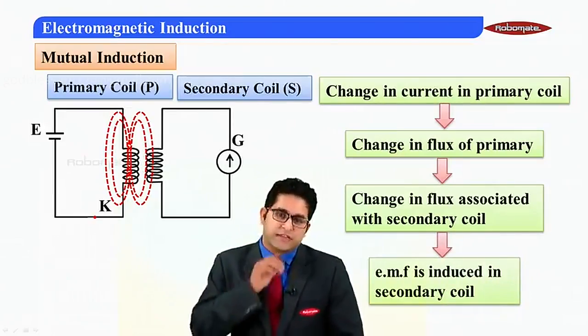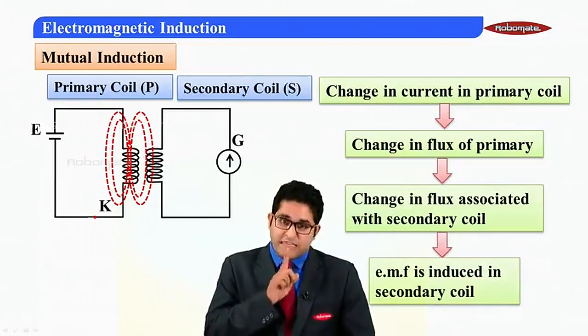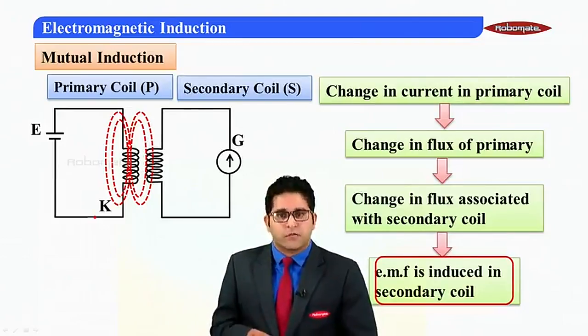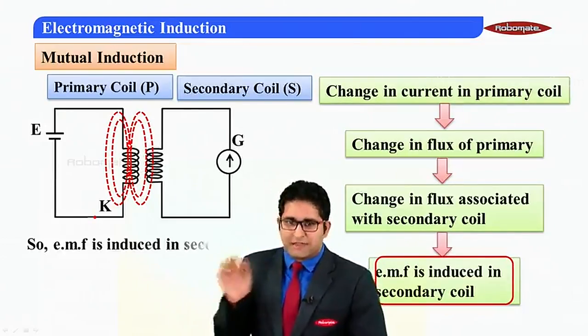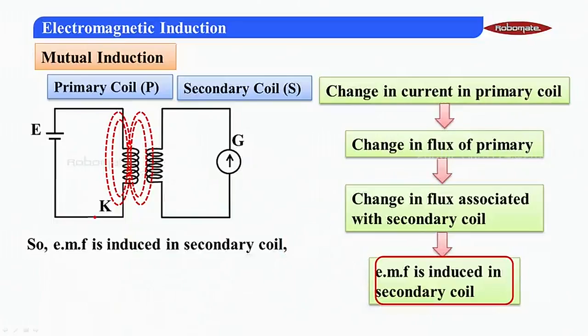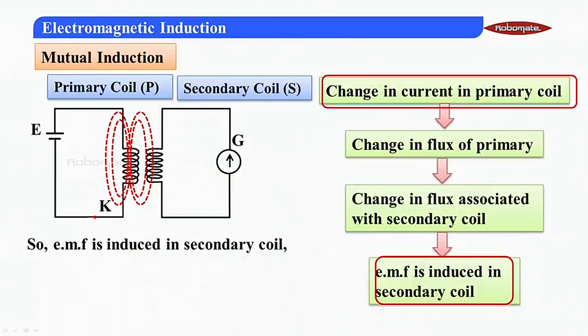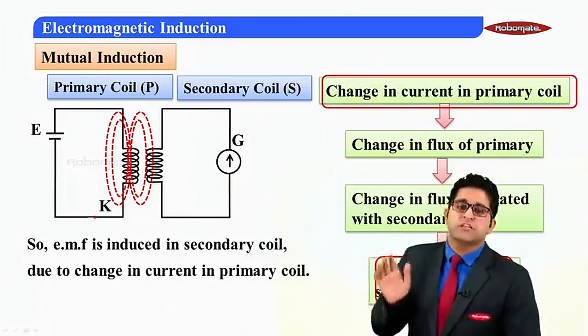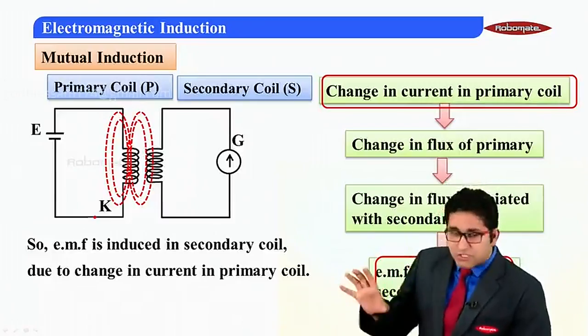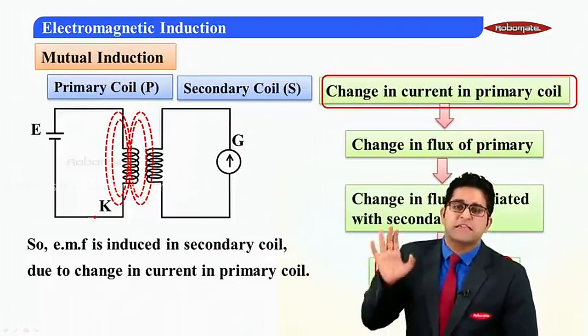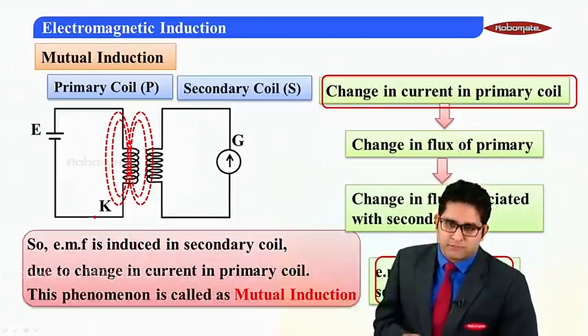EMF is induced in the secondary coil. Why is it getting induced? Because of the change in the current in the primary coil. So I can write: EMF is induced in the secondary coil due to the change in current in the primary coil, and this particular phenomenon is referred to as mutual induction, right?